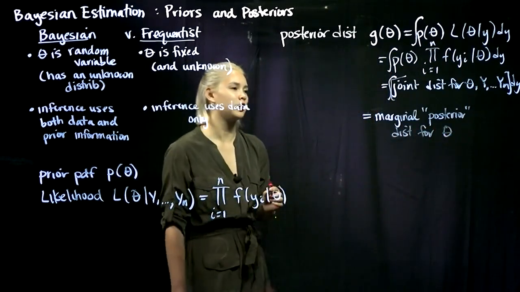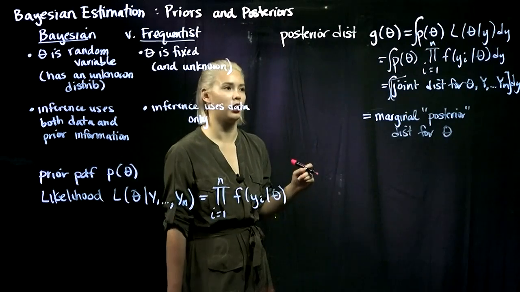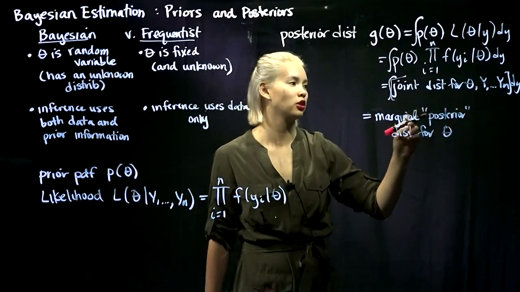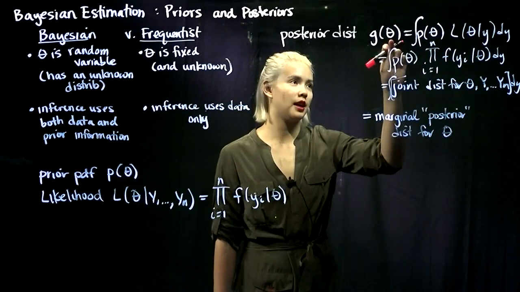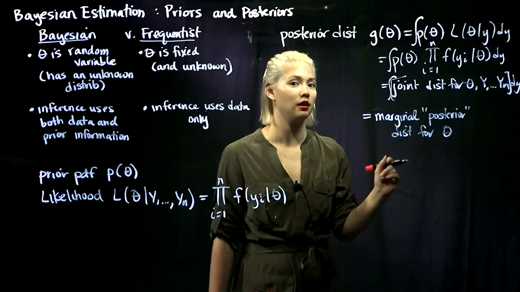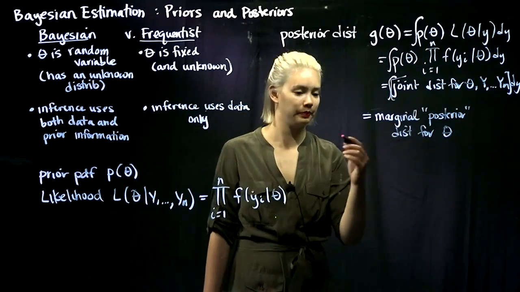Another way you can think about this, if you don't like the idea of integrating out the y's: if we have this joint distribution and what we want is just the marginal distribution, we can divide out the marginal distribution for the y's.